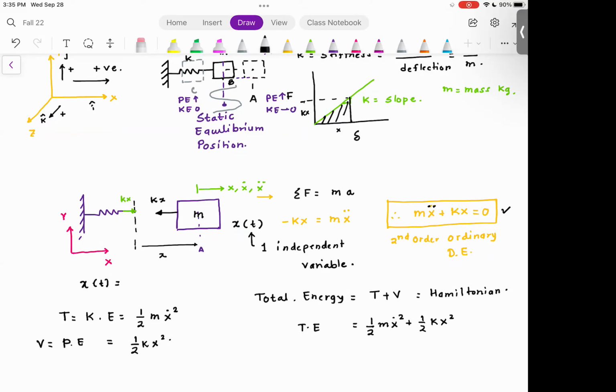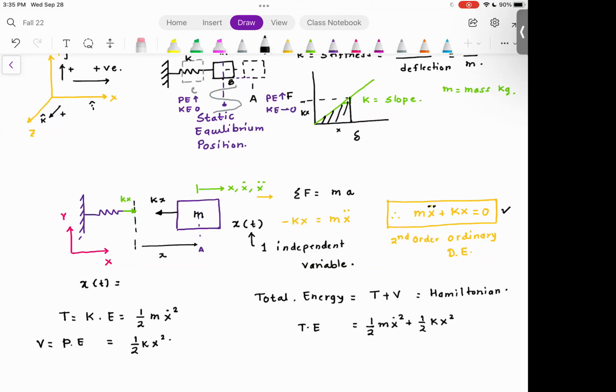Now I'm going to ask you this simple question, and this comes from the physical understanding of the problem. If my total energy is constant, and I take the time derivative of the total energy, what would it be? Zero. Everyone agrees with me?